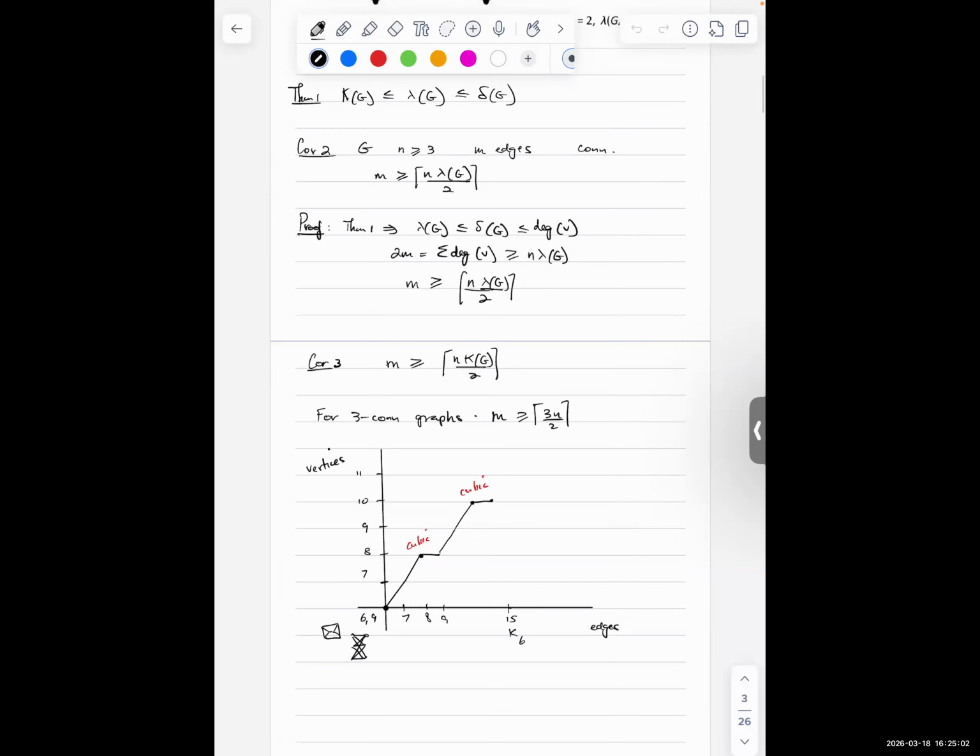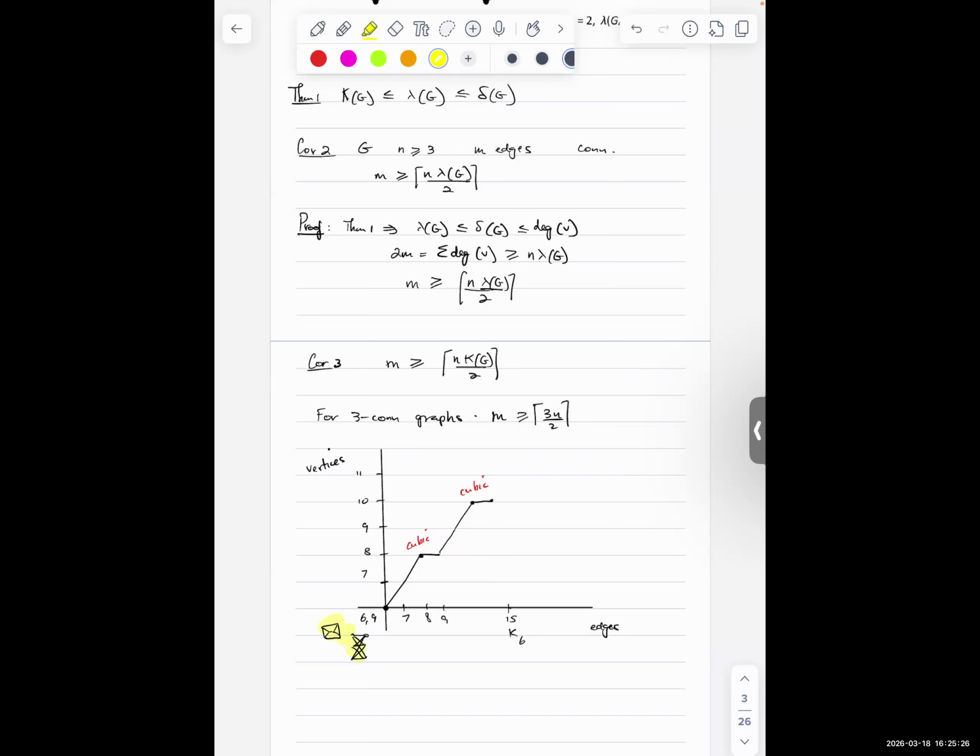And we have this starting picture for three connected graphs. Now, the rest of the talk is why we can start with 6 vertices and 9 edges, where we have just two three connected graphs, the prism and K33 drawn over here.